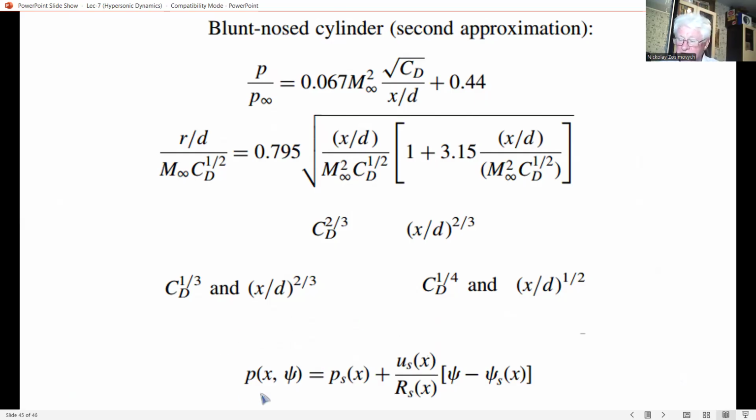This variation is represented by the expression at the bottom of this slide. It is a function P of x and psi, and has three components: Ps of x, this component, and a component in the parentheses. This expression in turn allows the solution for all other flow variables within the shock layer.